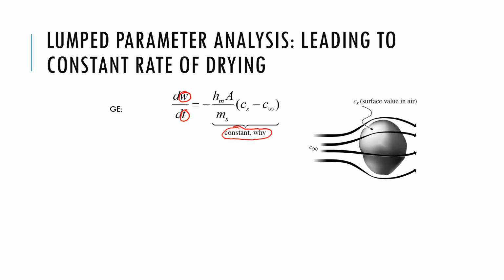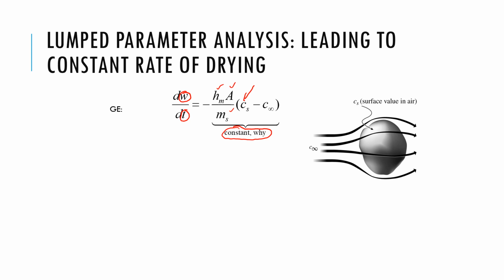Why? This we really have to understand so that we use this equation properly. For this to be constant, of course, all of these are constants. Ms is the mass of the dry solid, so that's constant. Let's say Hm, the mass transfer coefficient, is constant. Area, surface area, is constant. If it's shrinking and all, then we have trouble.